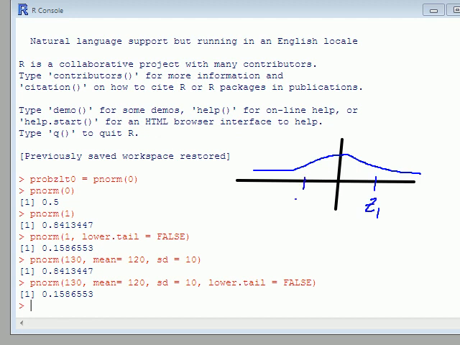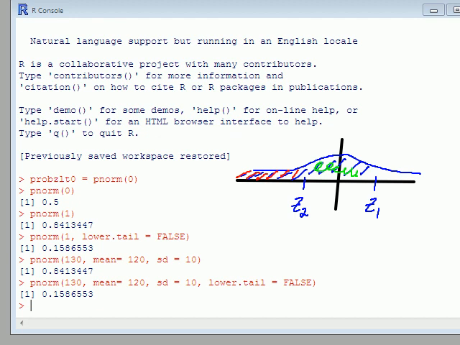We'll call this one Z1 and this one Z2. It was done a little bit differently in the Mendenhall tables, but here's what you do for R and for most statistics tables. You find the probability that the value is less than Z1, and then you find the probability that it's less than Z2, and you subtract them, and that will give you this probability in here.